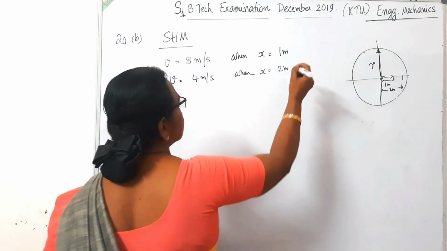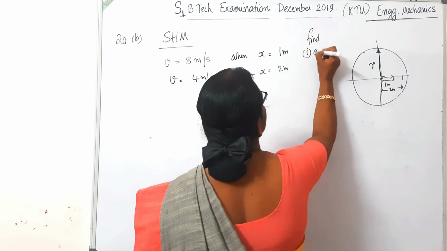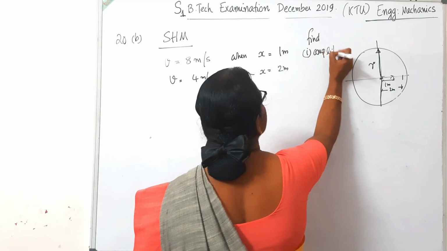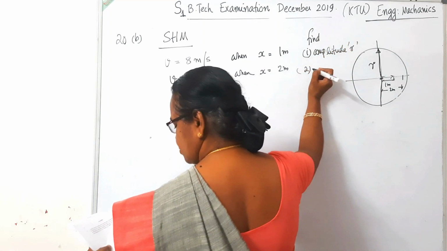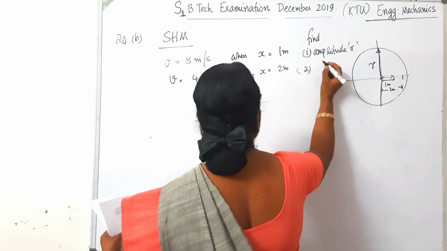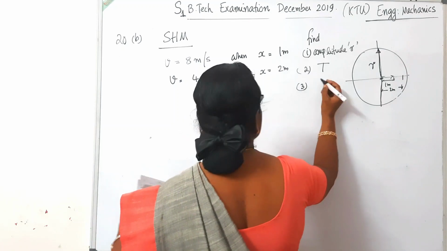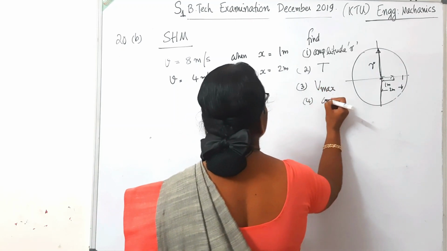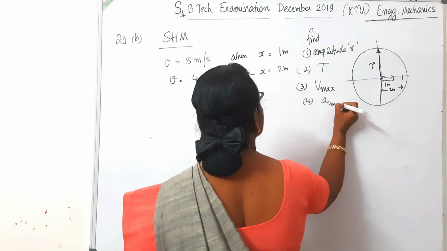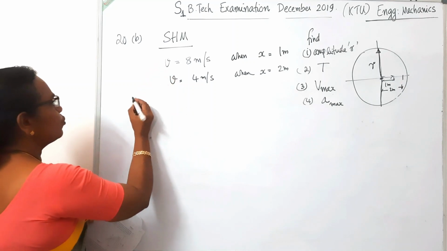So you are asked to find the amplitude R. Then second, you have to find the period T, and the third is maximum velocity and maximum acceleration. Everything is direct.